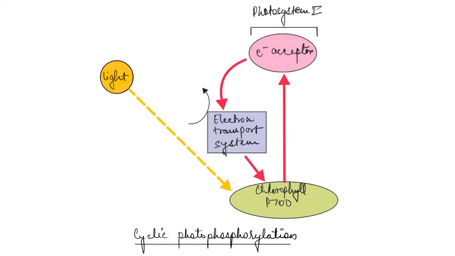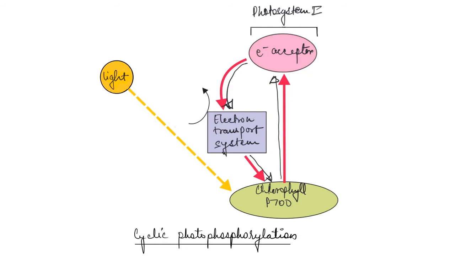And now here you see there is a cycle. This electron transport system is again forwarding the electron to the reaction center, which again gets excited, goes to the electron acceptor, and again moves towards the electron transport system.